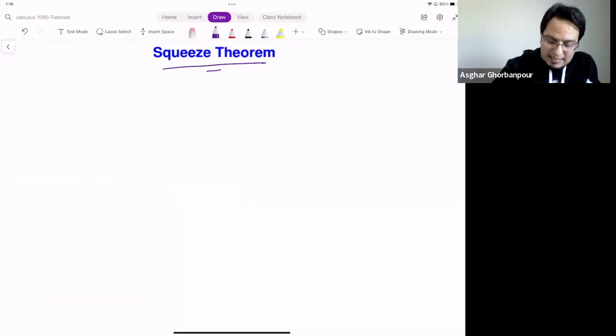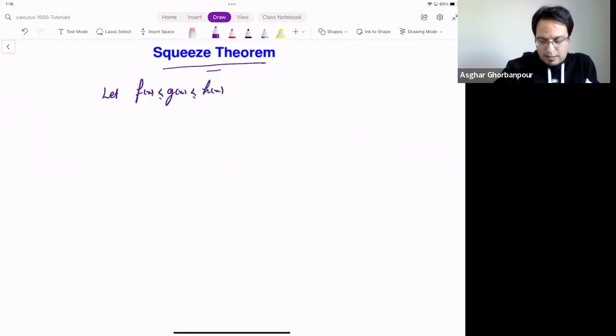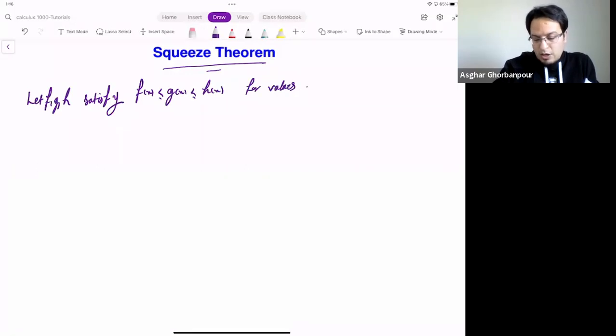What does this say? Assume that we have three functions, let f, g, h satisfy this inequality for values of x close to a, not including a.